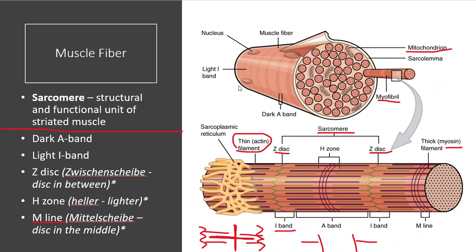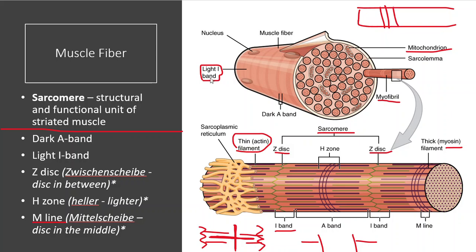And on here, you can see up here on this one, that's the lighter part of the muscles. You guys may remember when we were doing the tissues, I told you I would tell you later why muscle is striped. And well, this is later and I'm telling you.